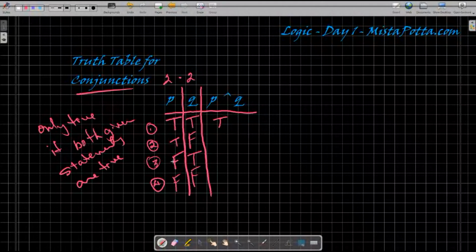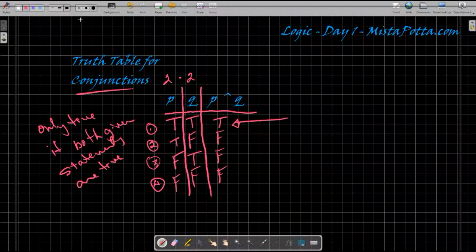And does it happen in any other row that both given statements are true? And the answer is no, it's not. And so this is really the key here. The only time that a conjunction is true is when both of these given statements are true. Whenever I see TT in my truth table, that's when I know that I'm dealing with a true conjunction.